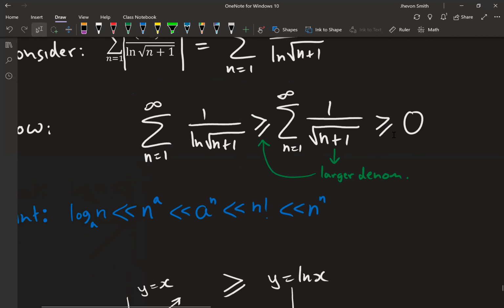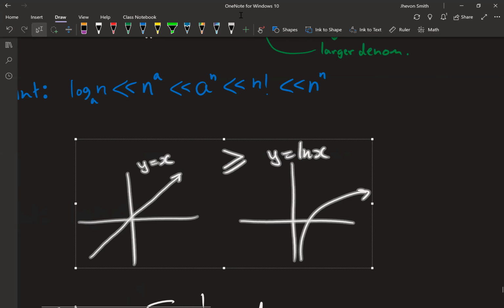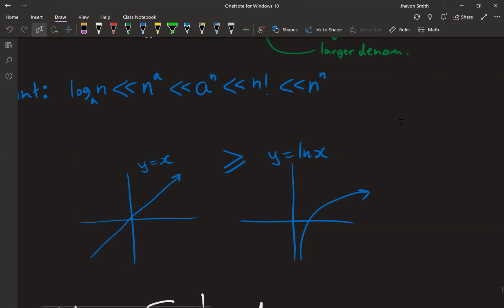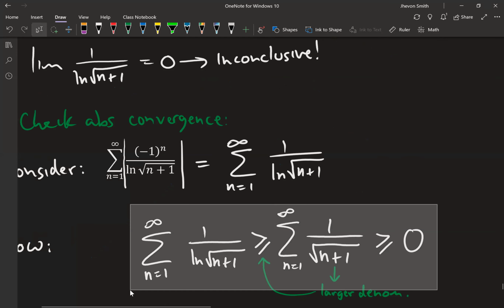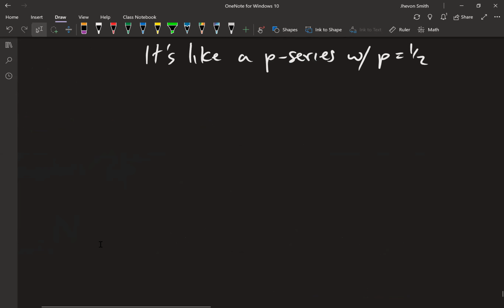So you start one step ahead, but it's going to behave just like a p-series. And so this here was a hint. Logging makes it smaller. So here I have this inequality, and the smaller series diverges, which tells us the larger series diverges.